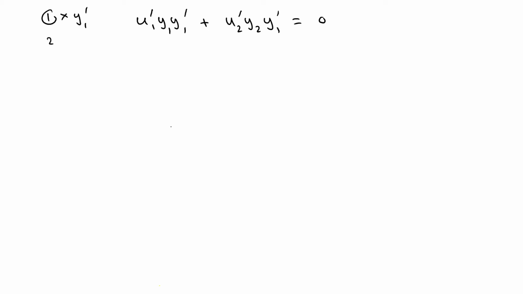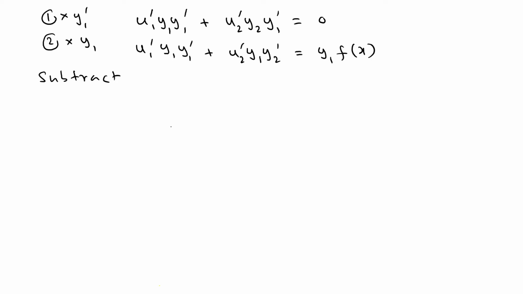Then you multiply the second equation by y2 because that's the missing term. Once you do that, you can see the first terms are exactly the same. You get u1 prime y1 prime y2 plus u2 prime y2 prime y2 equals y2 f(x). Now we're going to subtract the first one from the second one.